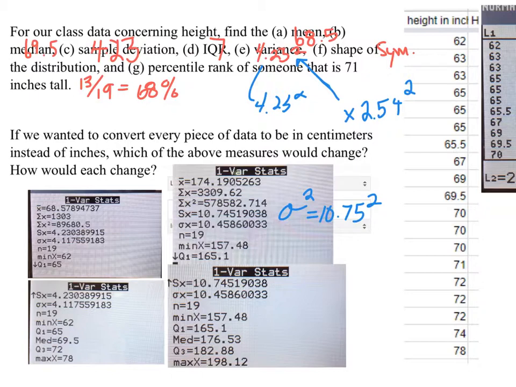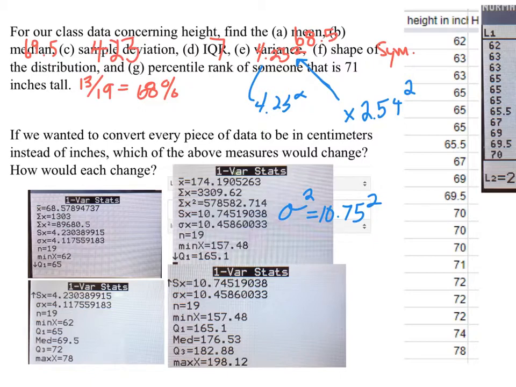You don't multiply the variance directly, you multiply the deviation. Okay, every other piece of information up until that point, the mean, the median, the deviation, the IQR, everything is changed simply by a multiplier of 2.54, but the variance by 2.54 squared.